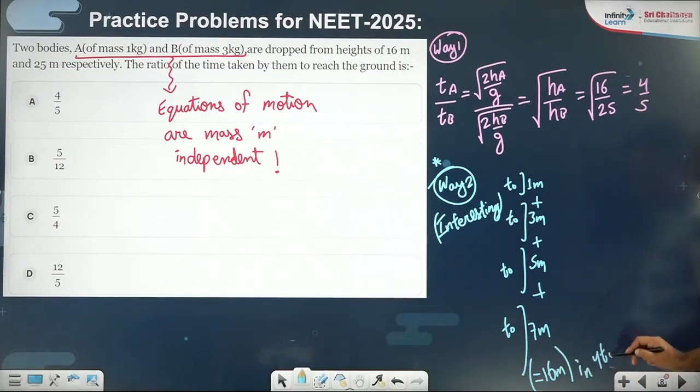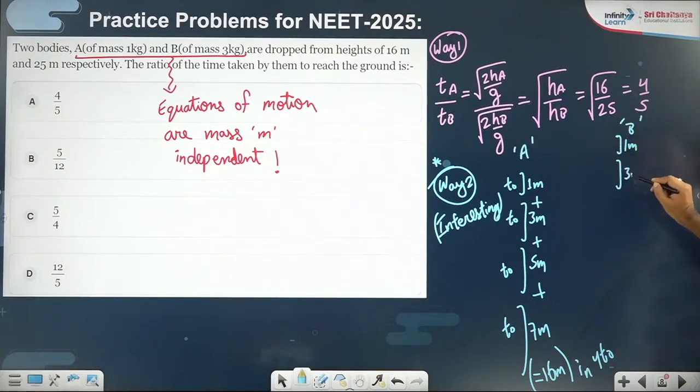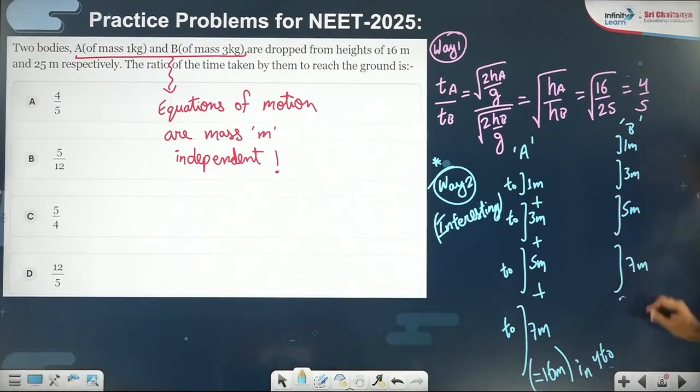This is for body A. For body B, you will say 1 meter, then 3 meters, then 5 meters, then 7 meters, then 9 meters. Interestingly, if you add them all up, you are going to get 25 meters. You can check. And that is traveled in 5 t0.